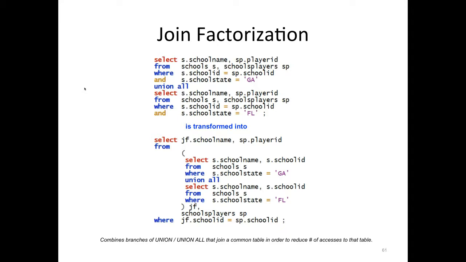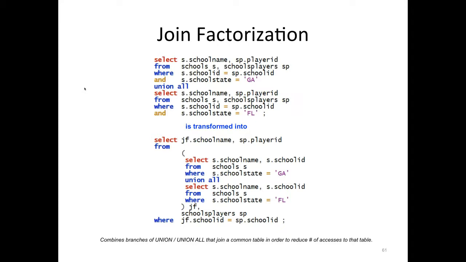I could rewrite this even more differently, but to prove the point, if I union the schools table for Georgia and Florida to start with, I can then join that union to the schools players table and only have to touch that table one time instead of two.